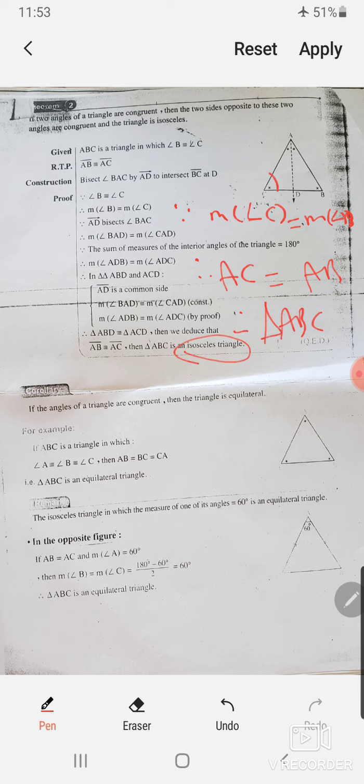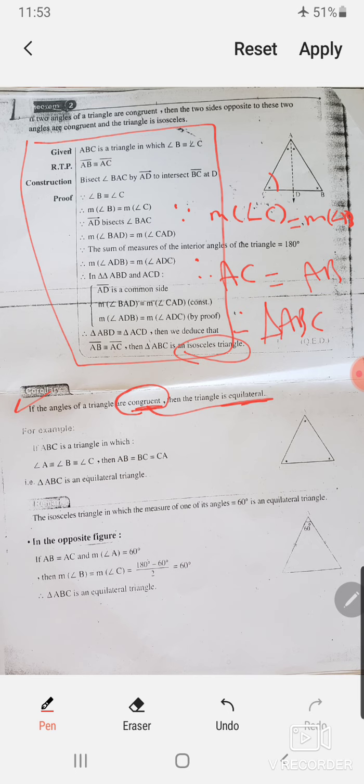This is the converse of the theorem. What about the proof? Just read it for theorem 1 and theorem 2. Now let's take this corollary: if the angles of a triangle are congruent, then the triangle is equilateral. So all angles are equal, so the triangle is equilateral.